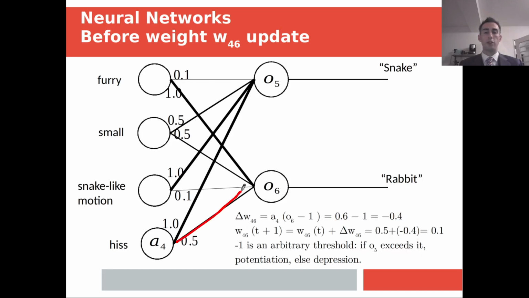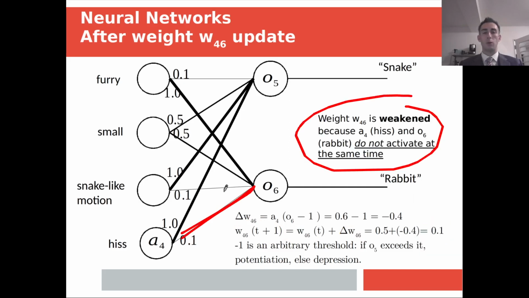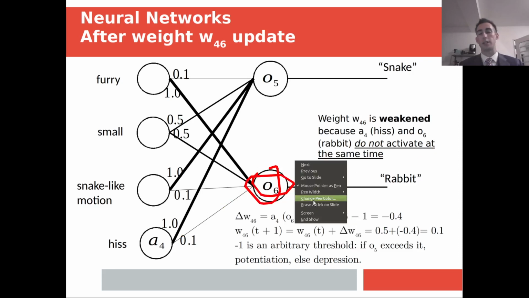The original weight is 0.5, so the change in weight plus the original weight is the new weight. So it's 0.5 plus negative 0.4, which is 0.1. This weight W46 was weakened because the hiss and the rabbit concept, O6, were not activated strongly at the same time. It was only activated a little bit weakly.